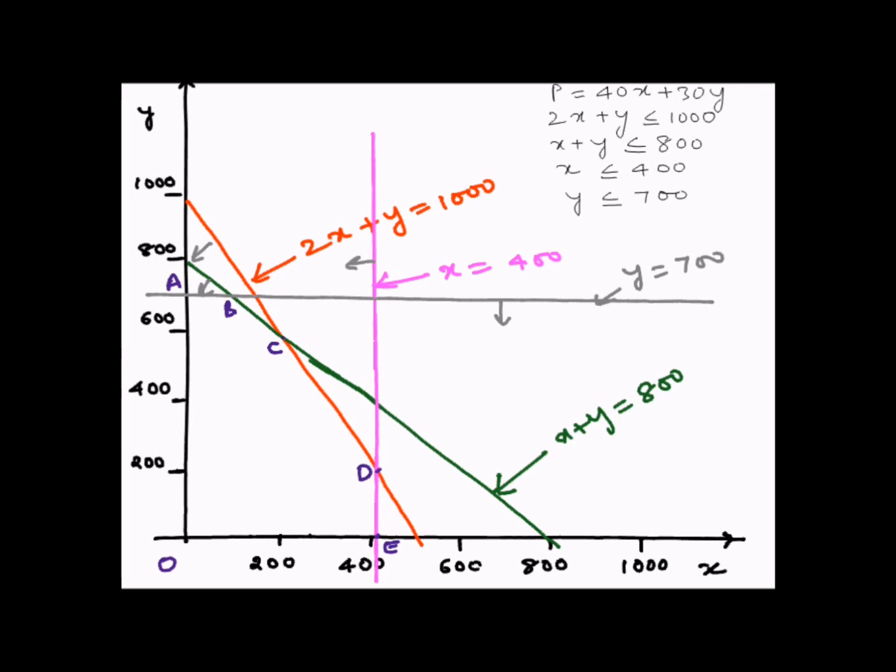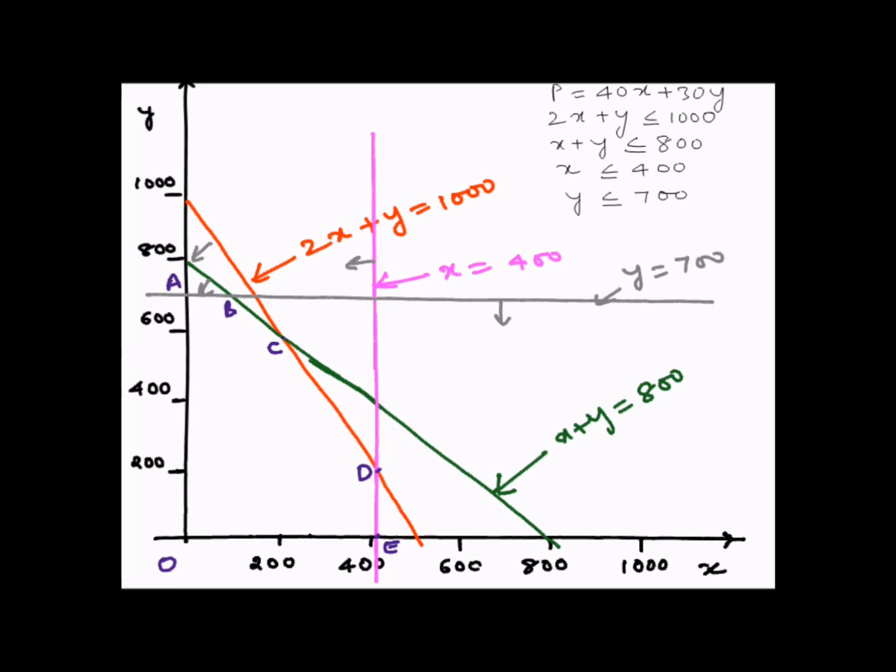The second method is that we can find the coordinates of the edges, which is O, A, B, C, D, and E. Now this theory says that the optimal solution would lie on one of these edges.